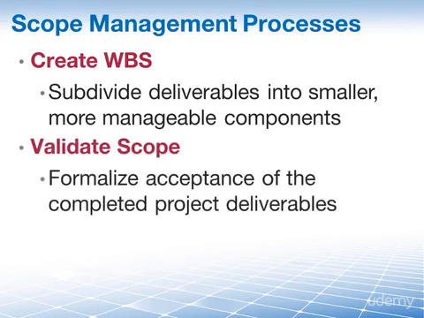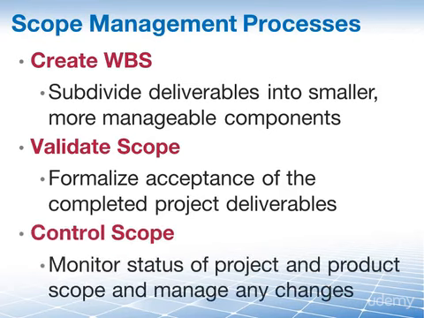Then we move on to validating the scope, the process of formalizing acceptance of completed project deliverables. And finally, we need to control the scope as well, the process of monitoring the status of the project and product scope and managing changes to the scope baseline. In this way, we make sure that we only deliver what we said we would deliver.